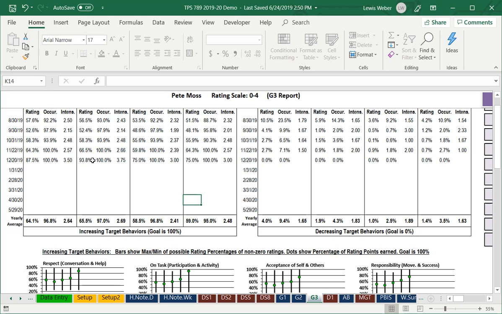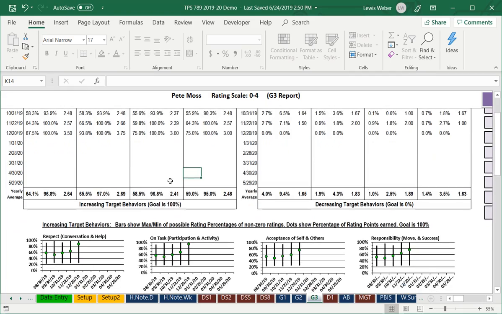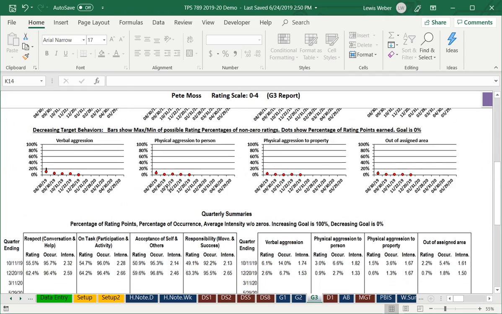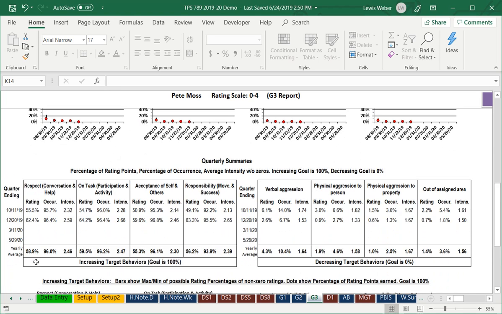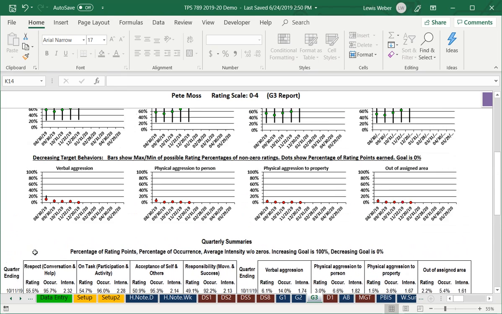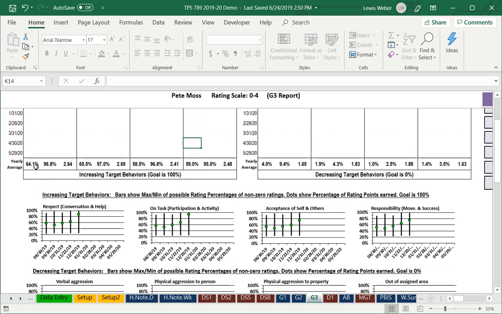Okay, that all just sounds so much as I'm talking about it, but let's go ahead and slide this down a little bit. We see the same thing now for quarterly summaries, rating, occurrence, and intensity, and we have the averages again for the year. Now let's see. The yearly average here is 58.9 for the quarter, but the yearly average here is 64.